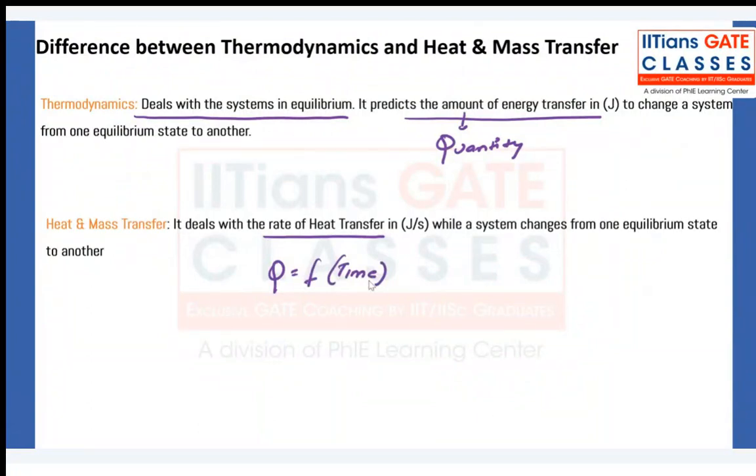That is why it is always expressed as joule per second or watt. In heat transfer, whenever we talk about heat, we always express it in watt. But in thermodynamics, when we talk about heat, we say joule, not joule per second. We always say joule.